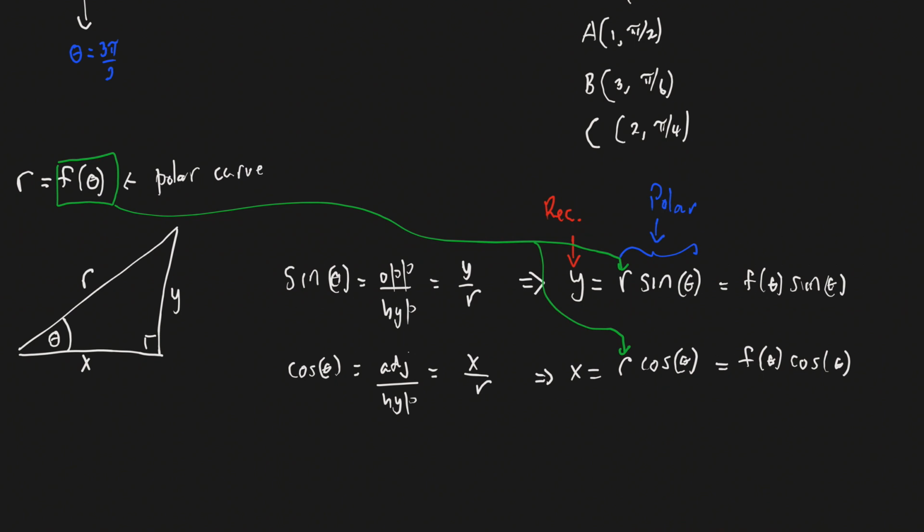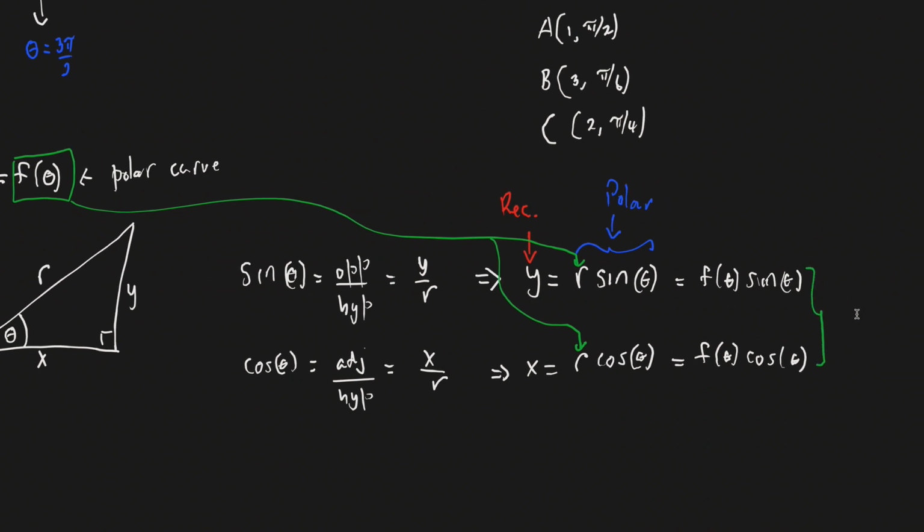And that is exactly the case, because by plugging in f of theta here, we have now converted our polar equation to a parametric equation. Interesting. And this is the idea that we're going to explore further, and that will allow us to do basically everything that we can now do with parametric curves.